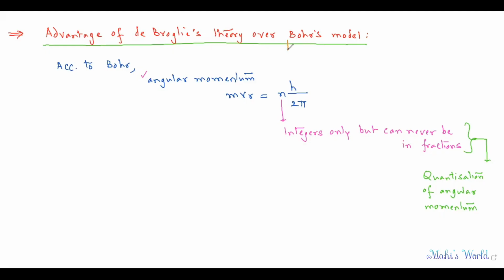So that is the advantage of de Broglie's theory over Bohr's model. Let me write that as explanation of quantization of angular momentum.